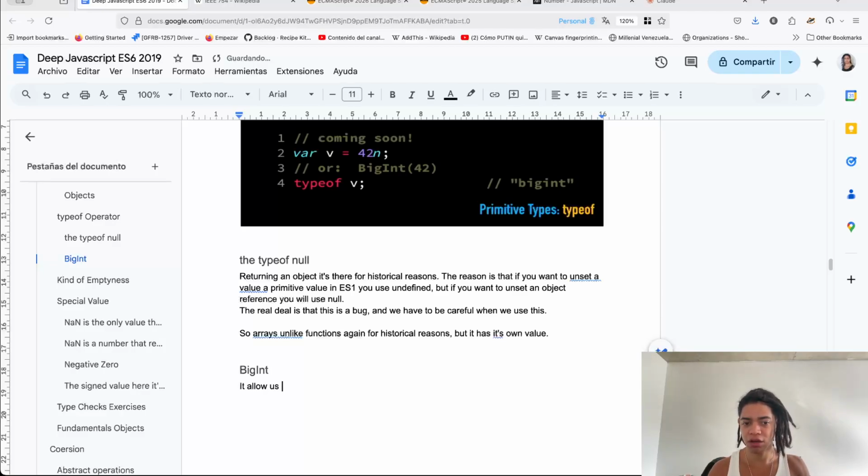It allows us to represent integers bigger than 16 digits, something that the number primitive can't, which is the limit of numerical representation.